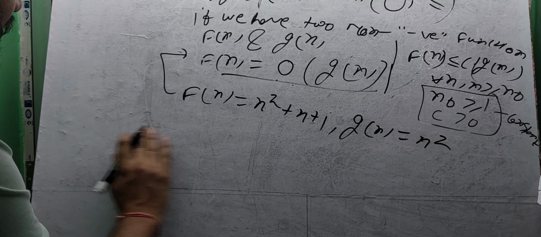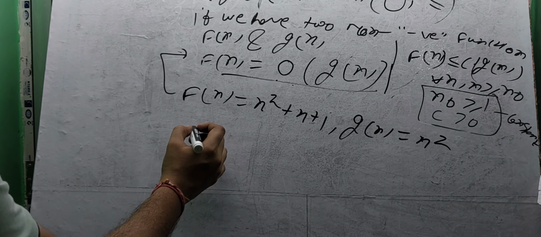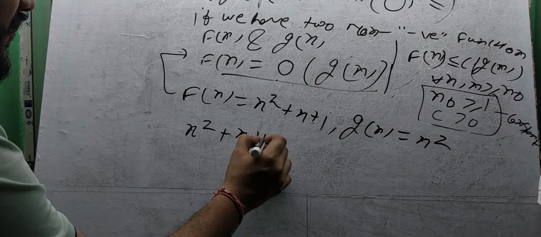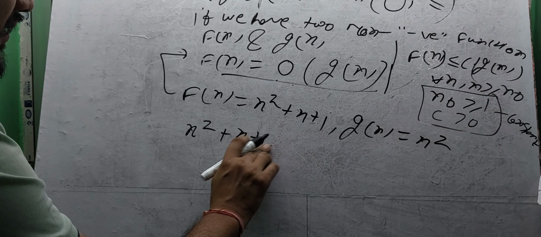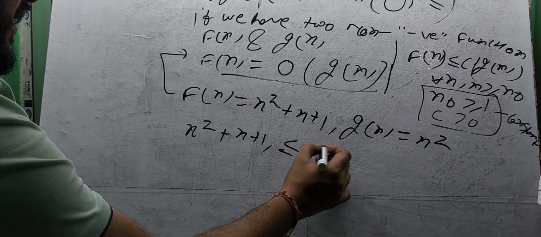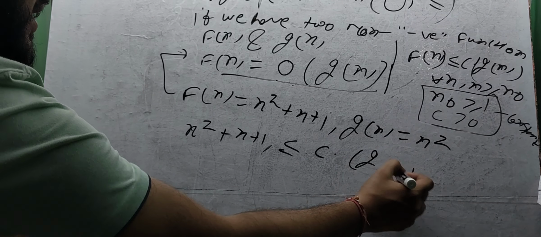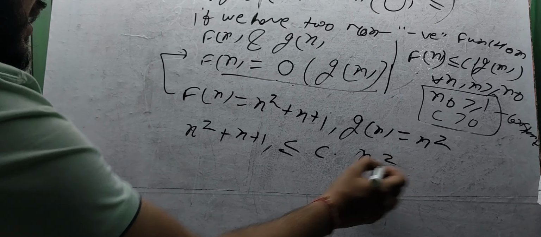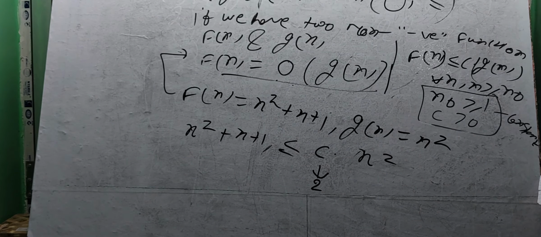Now take n square plus n plus 1, and if we want to write this way, then it is c dot g of n, that is c dot n square. Now take c as 2. You can take any value for c; accordingly, the n naught value will change. I am taking 2 here.